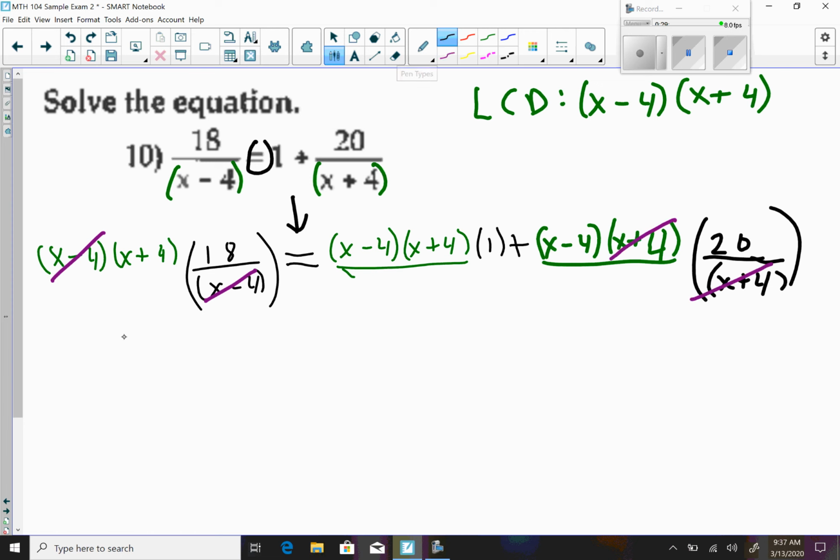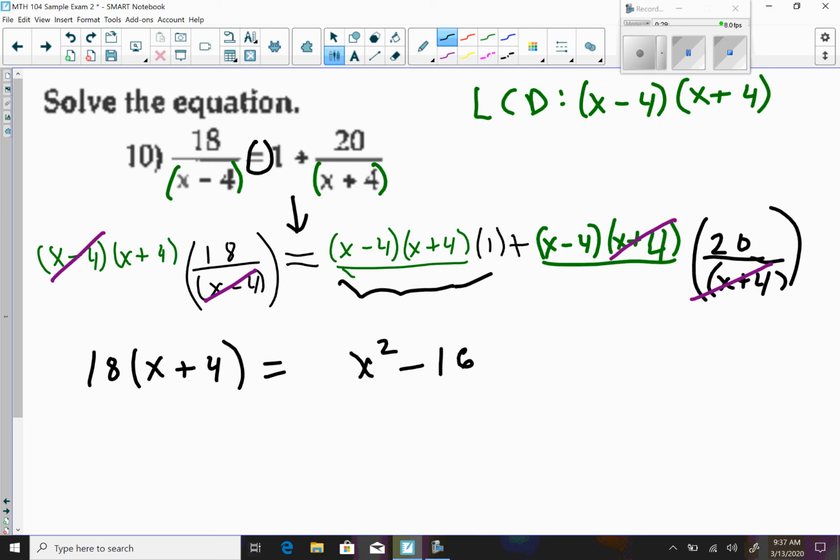So what's left is 18 times x plus 4 equals x minus 4 times x plus 4 is x squared minus 16 times 1. And then after the plus sign is 20 times x minus 4.